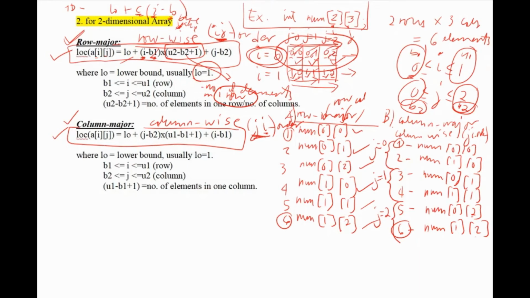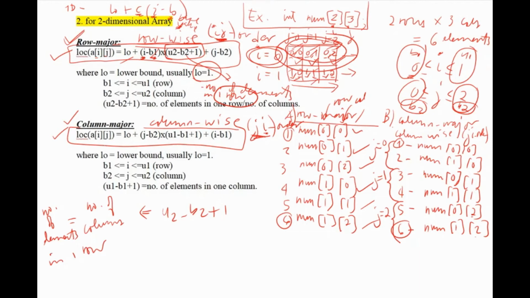Now, how do you get the number of columns in terms of B and U? Since this is number of columns, we're going to look at the B2 and the U2. So in terms of these two variables, that would be U2 minus B2 plus 1, right? This is the mathematical expression representing the number of columns or the number of elements in one row.